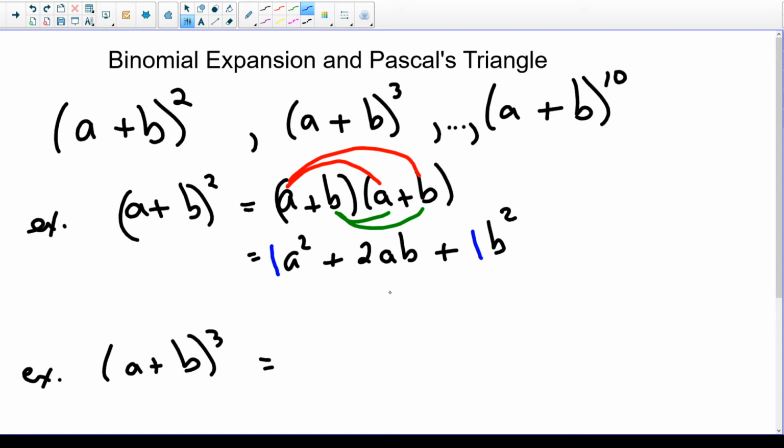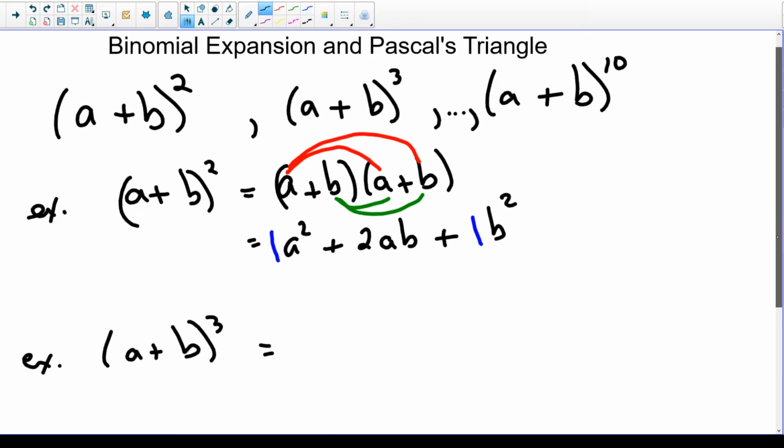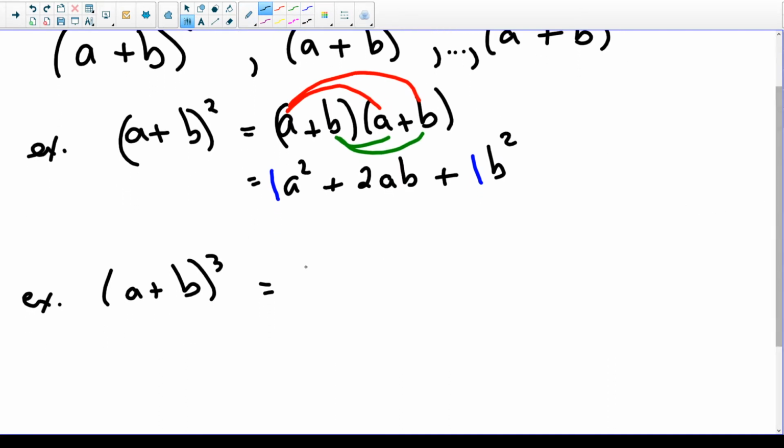Okay? Now let's do a plus b to the power of 3. Well, with a plus b to the power of 3, that basically means we're doing a plus b as a bracket times what we just did here. We already multiplied two of the brackets together. We're going to multiply a third bracket times that one. So just to save us some time, let's just rewrite the quadratic from the previous answer.